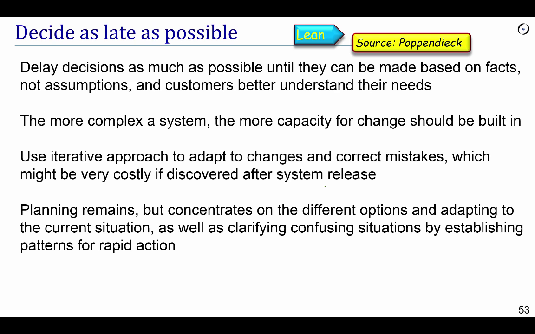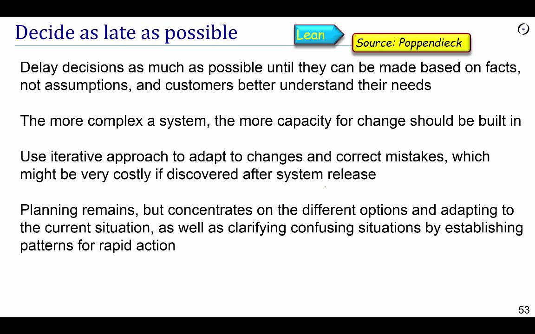Yet another idea, perhaps more controversial from Lean, is decide as late as possible. So the idea is to delay decisions as much as possible in order to avoid making decisions for which we do not have enough information.